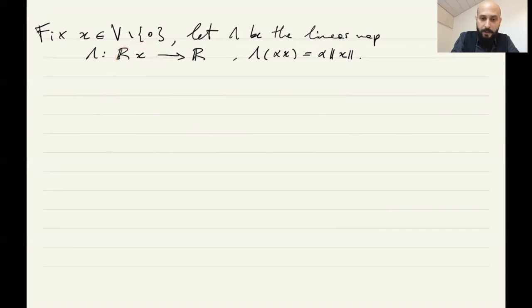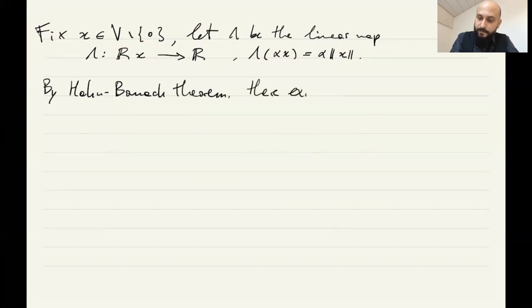Now, by the Hahn-Banach theorem, there exists an extension, maybe not unique, but an extension, let's call it lambda tilde from V to R, continuous.